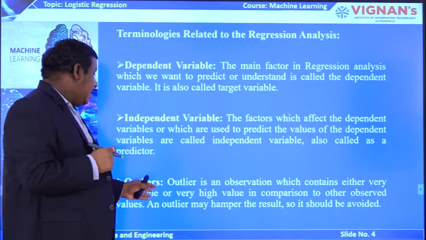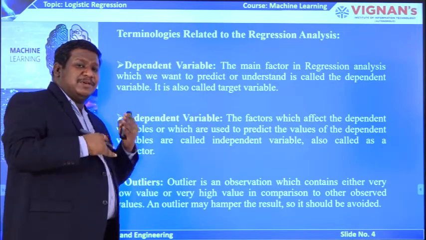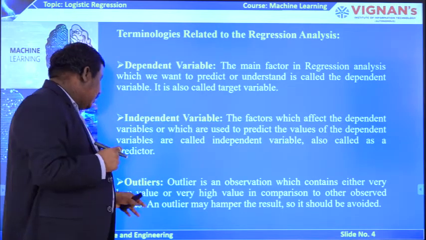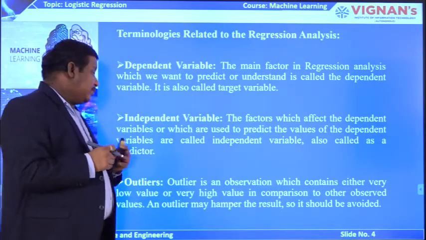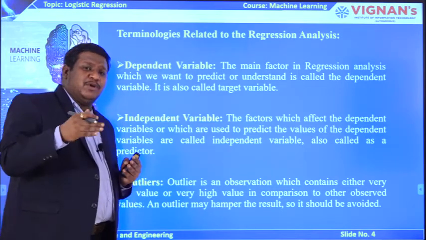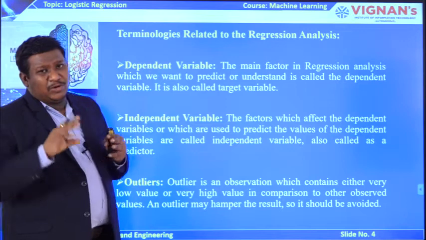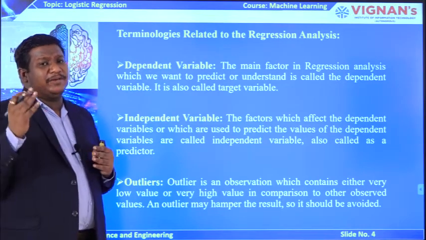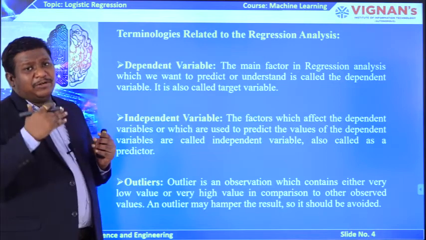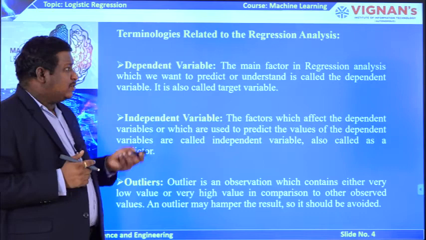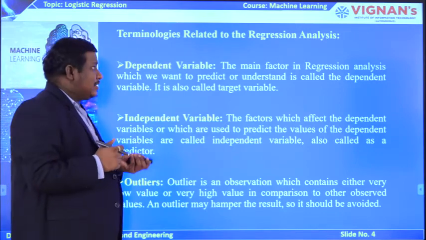And an outlier is an observation which lies far from the other observed values, between the high and low values. If an outlier is present in any data, it is going to influence the data analysis. So the best thing is, whenever you have an outlier value in a data set, try to remove it or avoid it. That is the thing about these various terminologies.